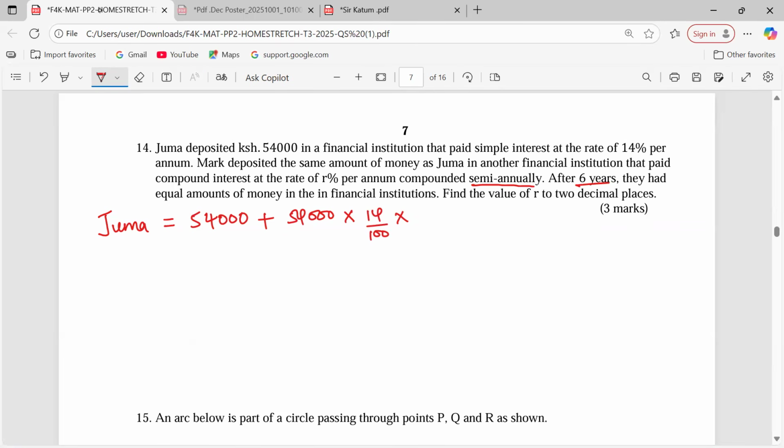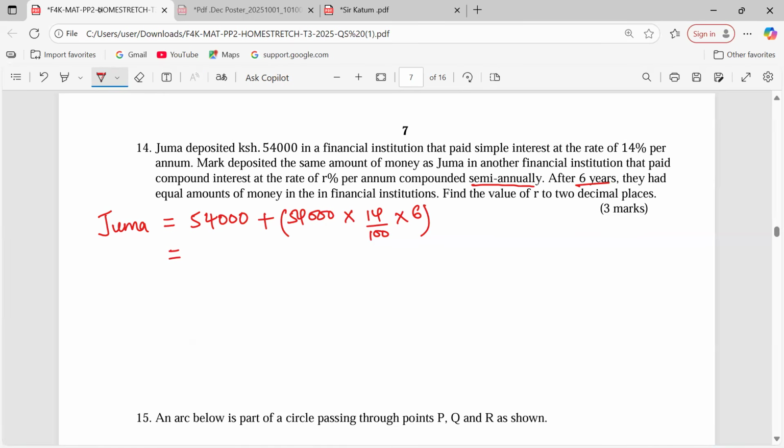You know, they're going to do it for 6 years. So now from here, we will know the total amount that will be in Juma's account. So we have 54,000 multiplied by 14 over 100. Then we multiply by 6.